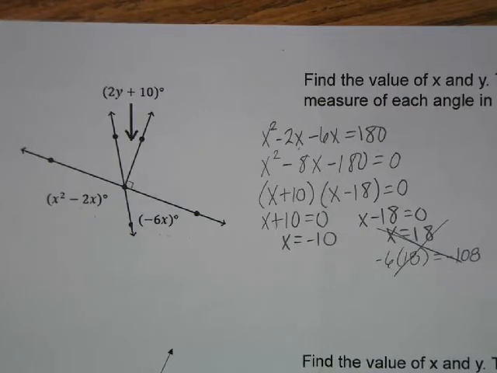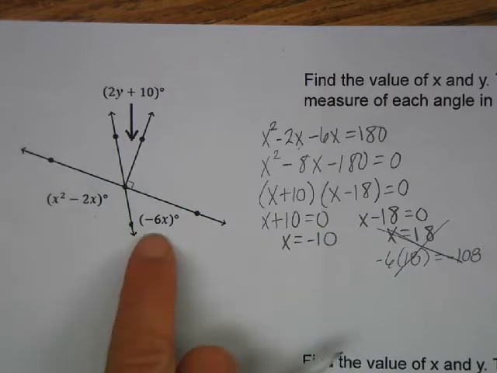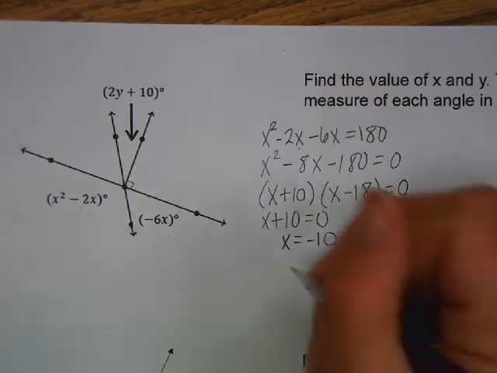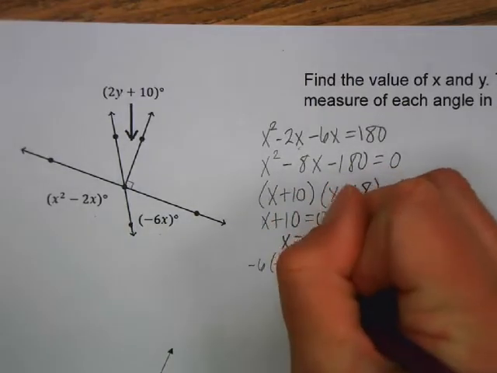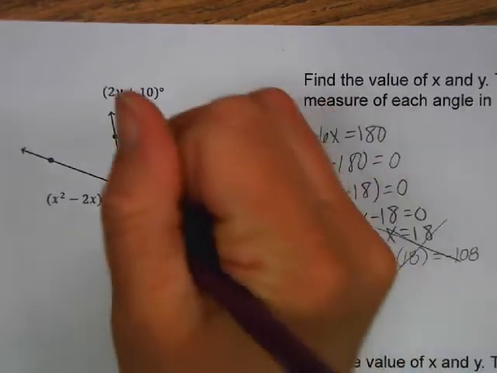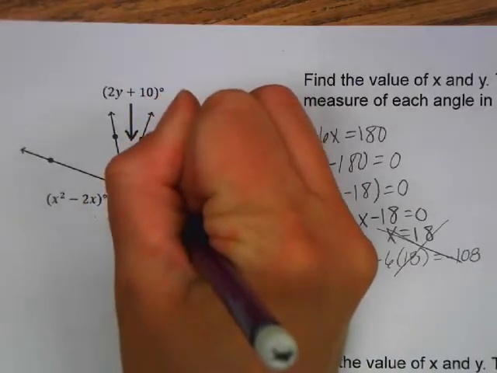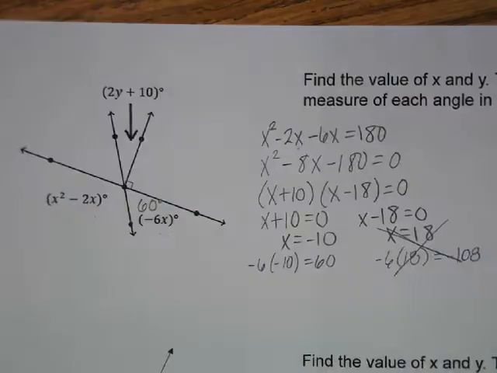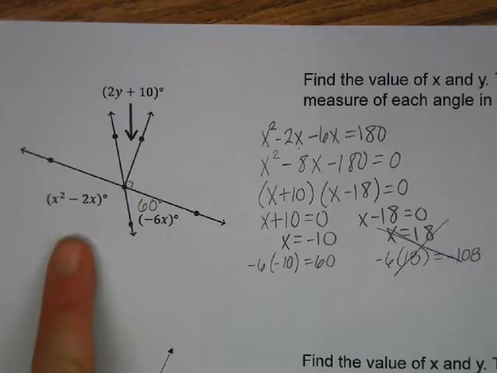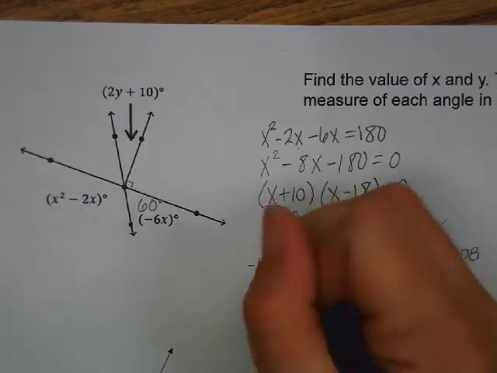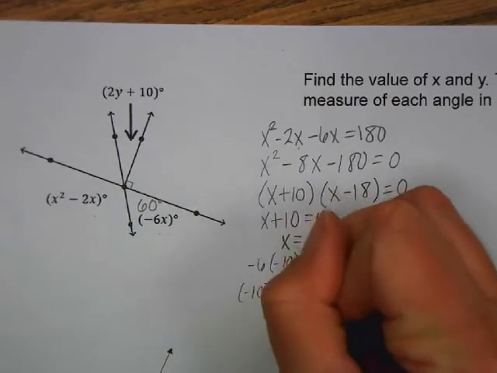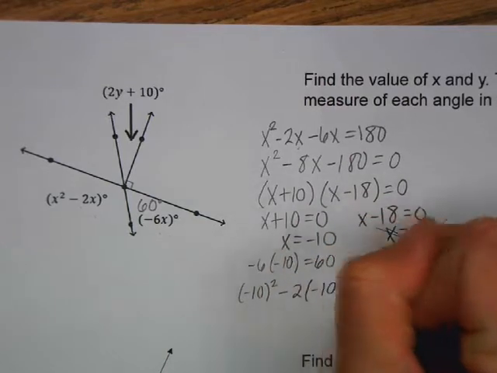So then you have to check for negative 10. So if you were to plug negative 10 in, negative 6 times negative 10 is positive 60. So I'm going to put that in. This angle here we know now is 60 degrees. And then I'm going to do the same thing here. I'm going to do negative 10 squared minus 2 times negative 10.